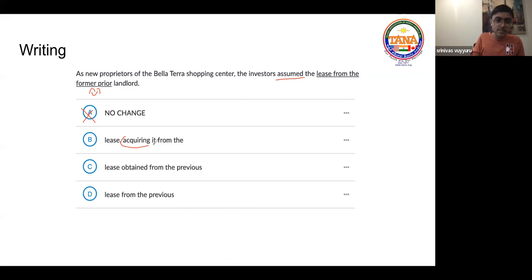You can't repeat the same thing twice in a sentence. That's just not correct. Therefore, B is also wrong. C, obtained from the previous. It's the same reason as B. You can't assume and then obtain in the same line, because that's just repeating unnecessary information. So C is also wrong. And D, leaves from the previous landlord. This is the most concise and the only answer that works best.